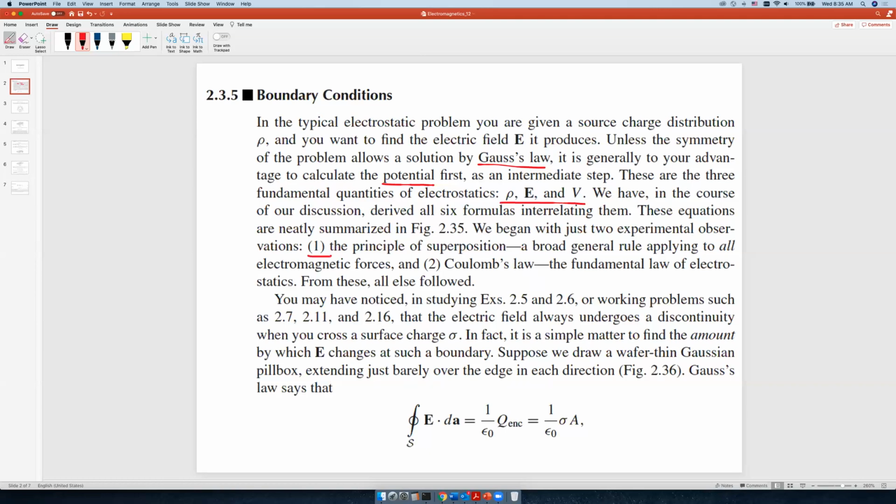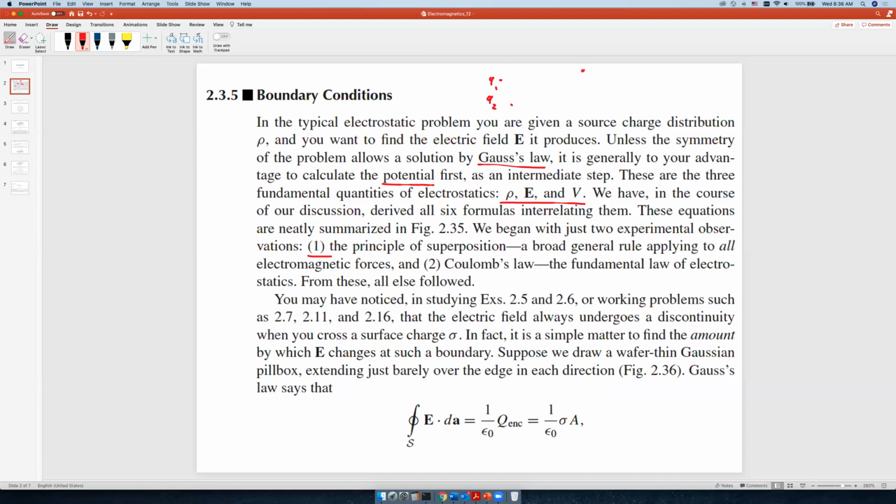The first is the principle of superposition, a broad general rule applying to all electromagnetic forces. For example, if you have charges Q1, Q2, and you want to calculate the potential here, you can calculate the potential based on Q1 and then the potential based on Q2. If you sum them up, you will get the total potential here.